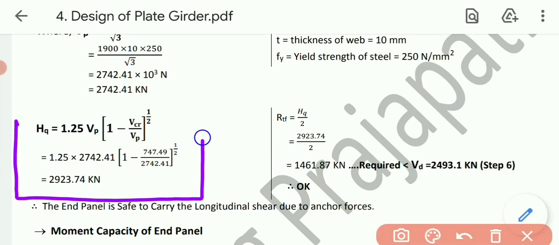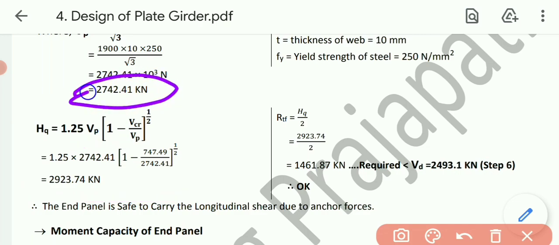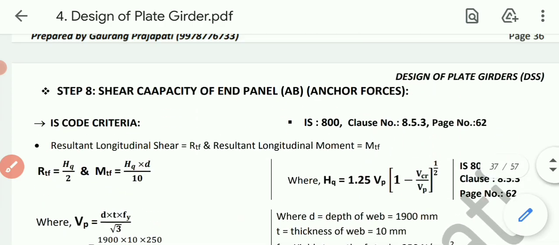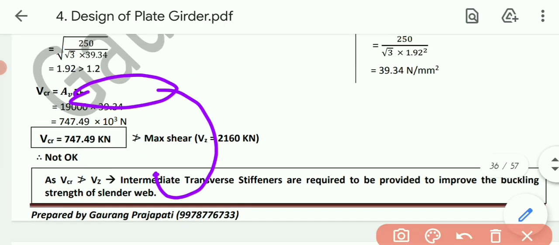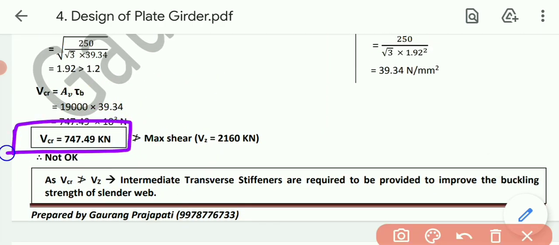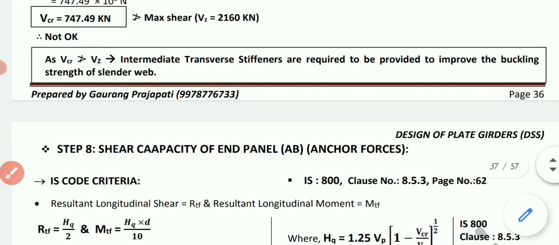HQ equals this term, 1.25 Vp in the bracket 1 minus VCR by Vp whole raised to 1 by 2. Now in this one, unknown parameters are VCR and Vp. We have already got the value of Vp, that is 2742. Talking about VCR, in the previous step we have calculated the value of VCR, 747.49 kilonewton.